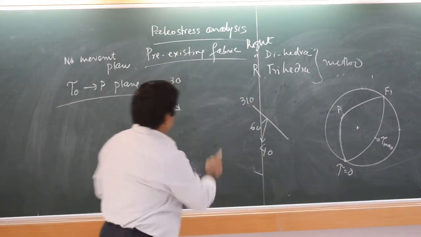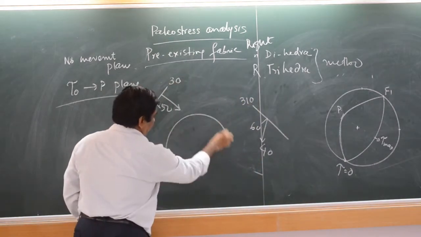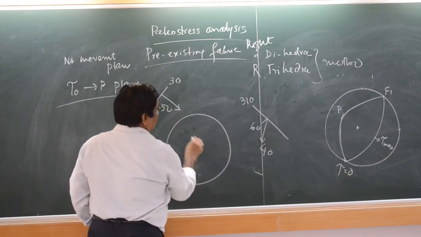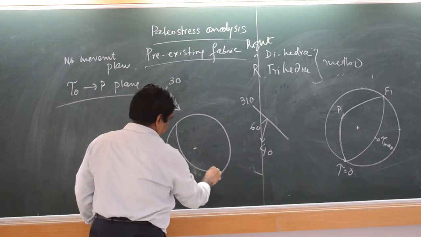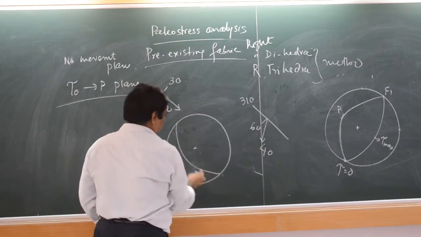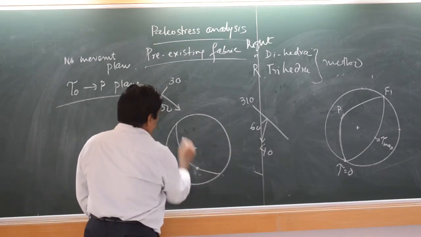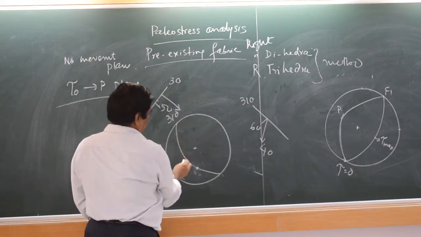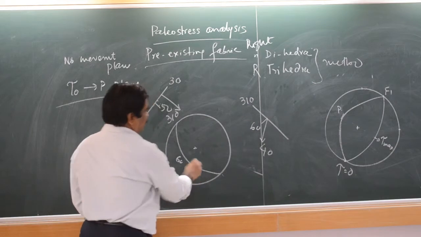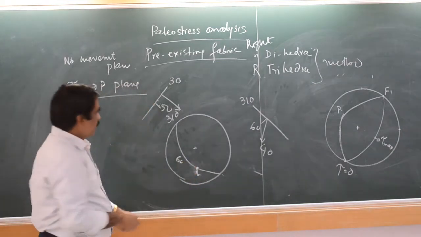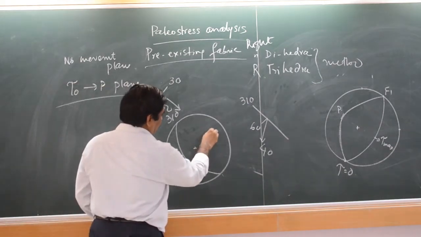This also you can have na. ये प्लेन हो गया, इसका 40 डिग्री इधर है ना, ये 310 60 डिग्री डिप, ये 40 डिग्री लिनिएशन है, 40 डिग्री लिनिएशन. So how to draw the pole is here.